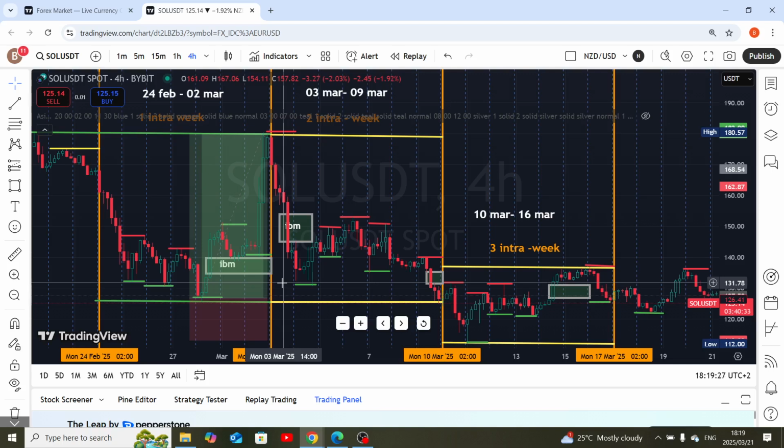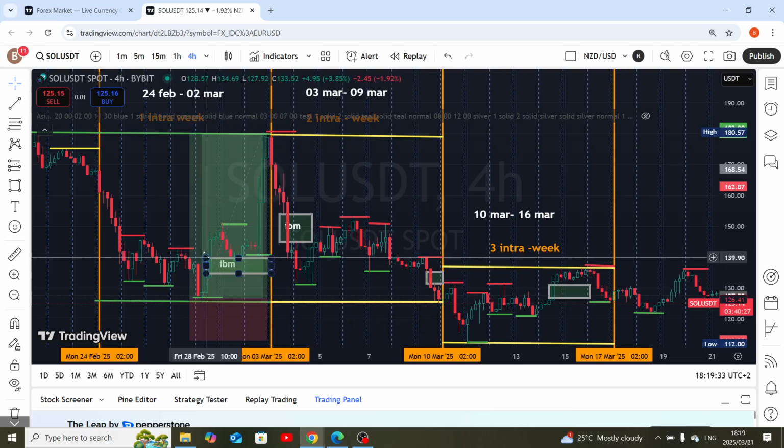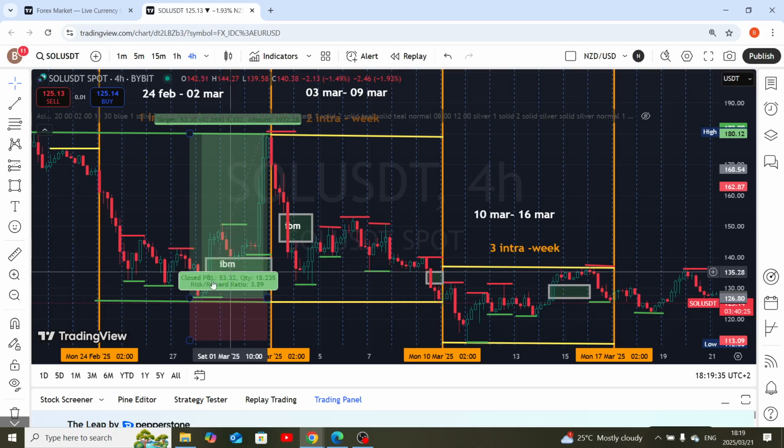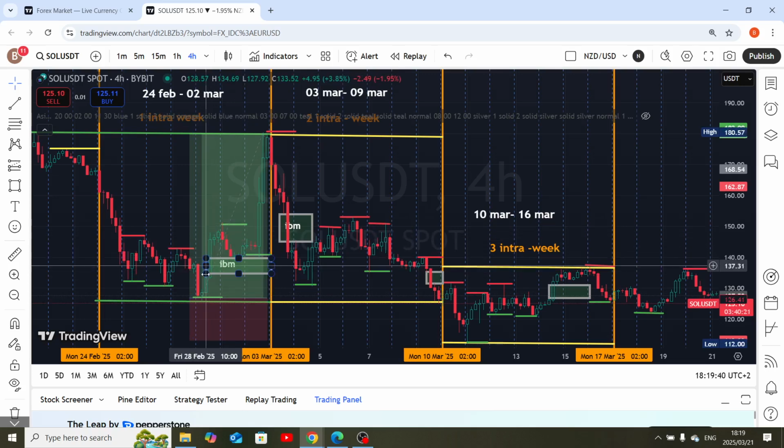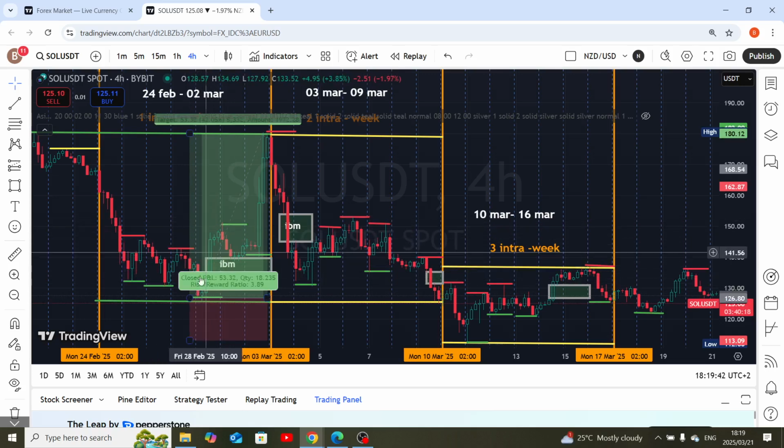It's actually a hidden order block where institutions created an imbalance so that they can drop the price to take liquidity from those who were buying here, to take back their money from those who were in this trade. So they placed a sell order to drop the market a little bit.